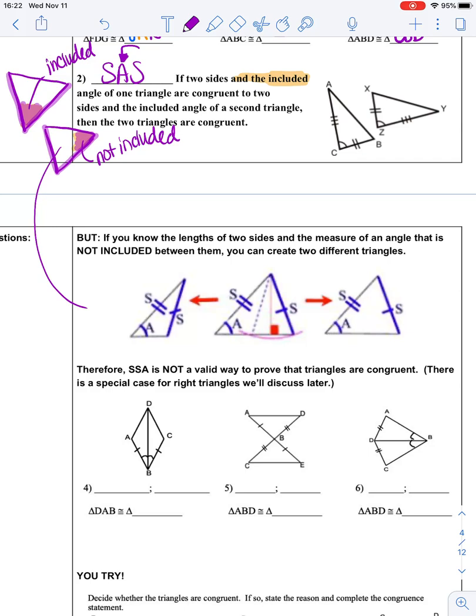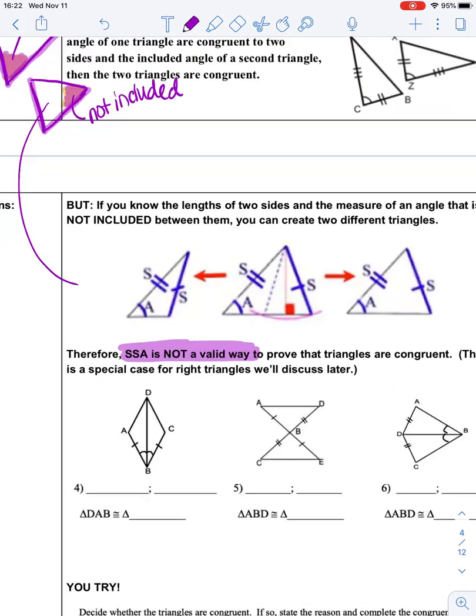So you have to have that angle that's in between for it to work. If it ever comes up SSA, SSA is not a valid way to prove triangles are congruent. You will never ever use SSA to prove that triangles are congruent. Even if it's on the list, you never can use it to prove triangles are congruent. Only SAS. The A has to be in the middle.